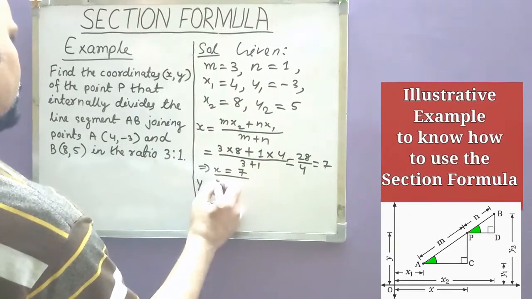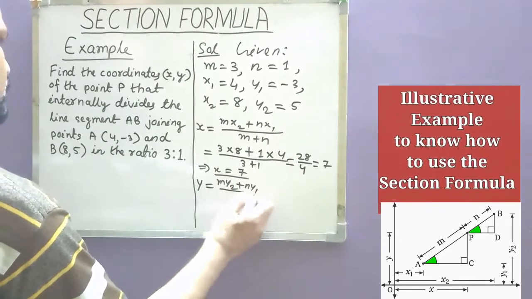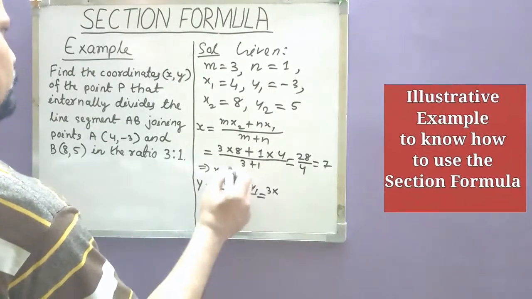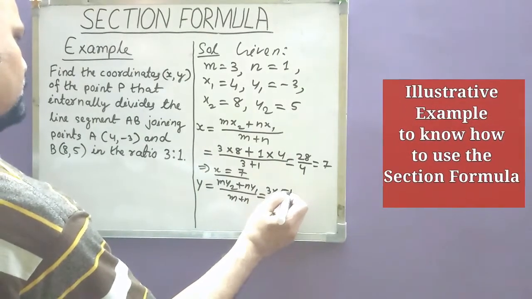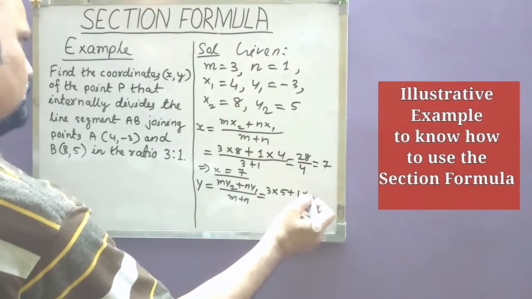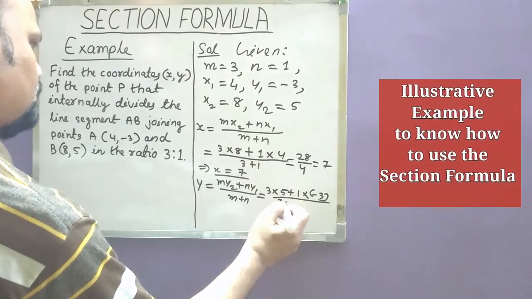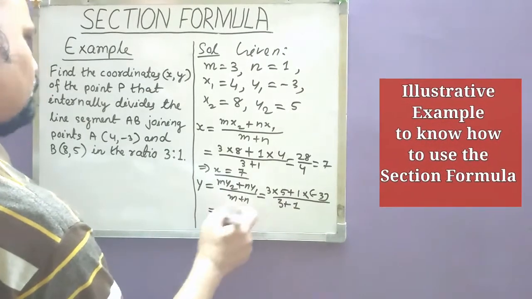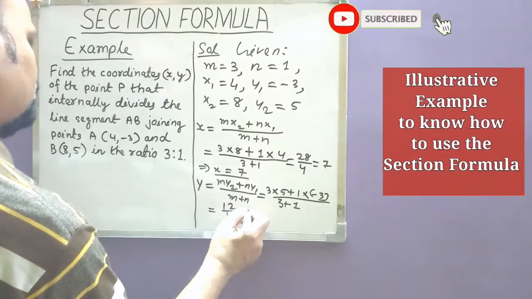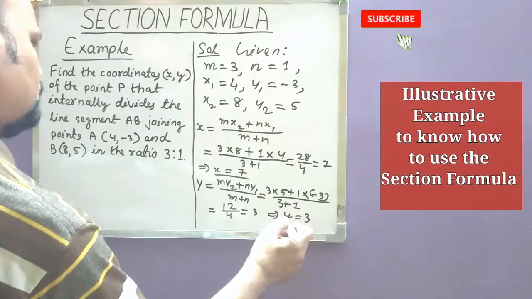Similarly, y equal to my2 plus ny1 upon m plus n, that equal to 3 into 5 plus 1 into minus 3 upon 3 plus 1, that equal to 15 minus 3, that equal to 12 upon 4, that equal to 3, implies that y equal to 3.